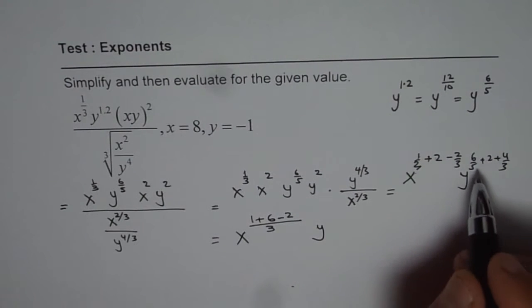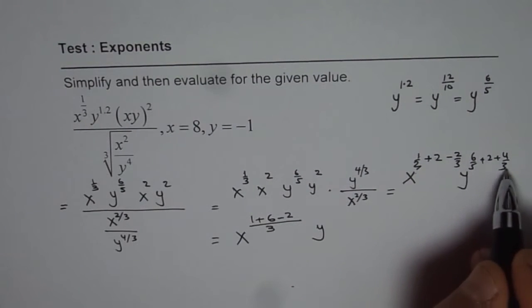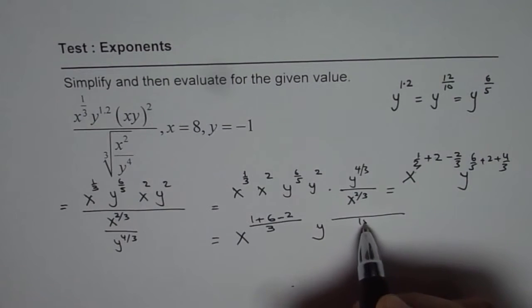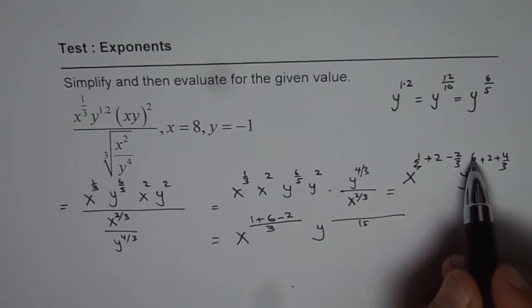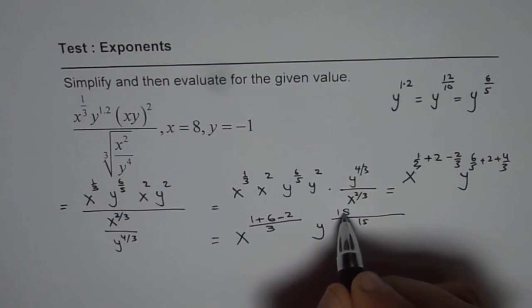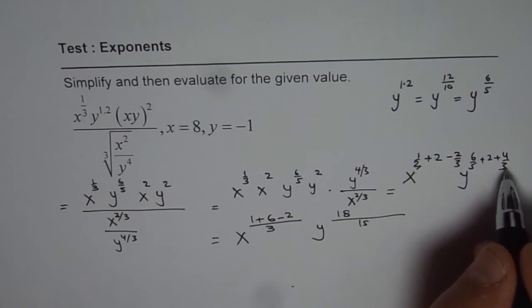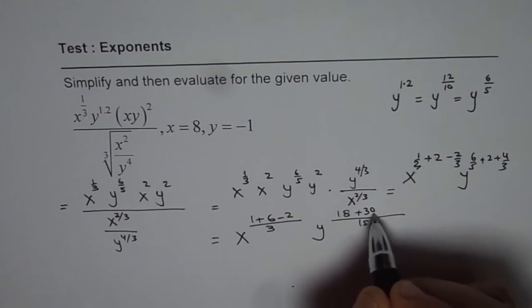For y, the common denominator is 5 times 3, 15. That's the exponent part. 6 gets multiplied by 3, we get 18. 2 gets multiplied by 15, so we get plus 30. And 4 gets multiplied by 5, so we get plus 20.